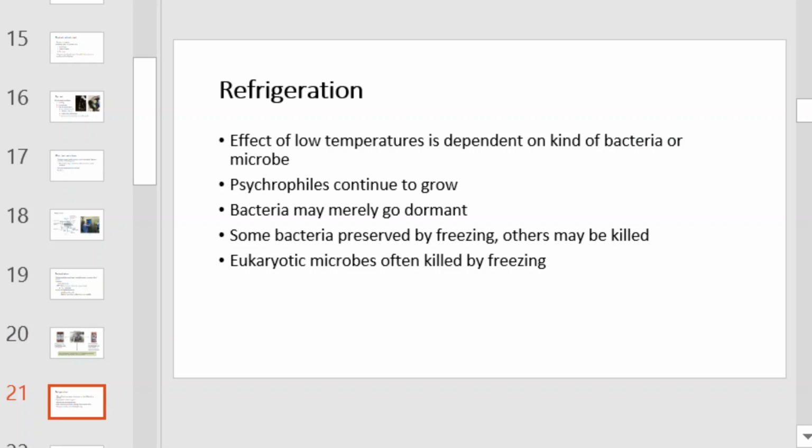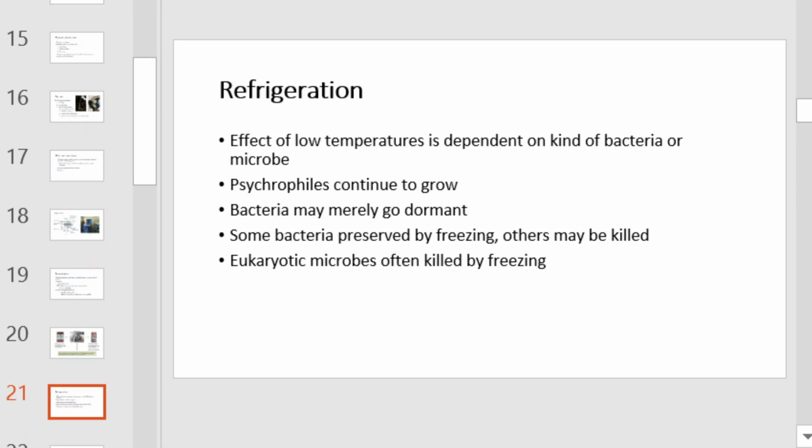Refrigeration. Refrigeration reduces the temperature of a medium to slow or reduce bacterial growth. Saprophytes will continue to grow in a refrigerated environment. The bacteria may not grow as quickly, as they may simply become dormant in the low temperatures.